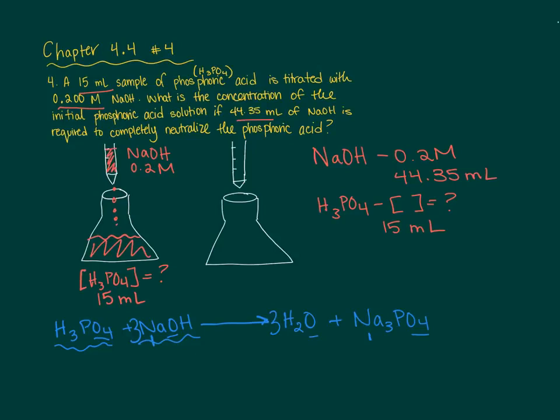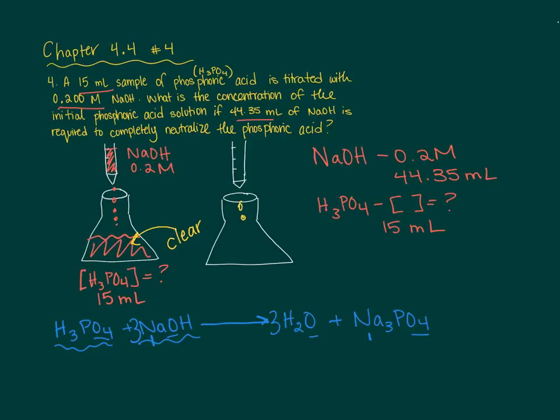In a titration, to know the amount of NaOH or base that is needed to neutralize all the acid, we normally add what's called an acid-base indicator into the flask. In this case, we normally use phenolphthalein, which is clear in an acidic environment. So obviously if you're in phosphoric acid, the indicator is going to be clear.